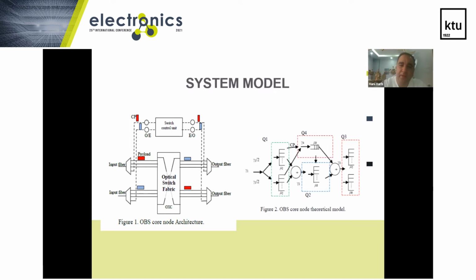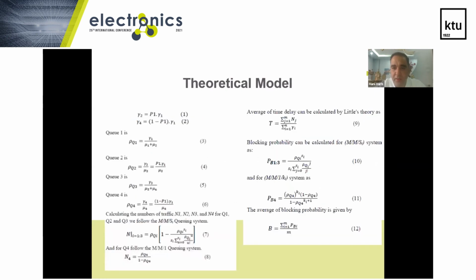Based on the basic architecture of the core node, we built the theoretical model in figure 2, considering the blocking probability of each component in the architecture. Then we build the mathematical model.